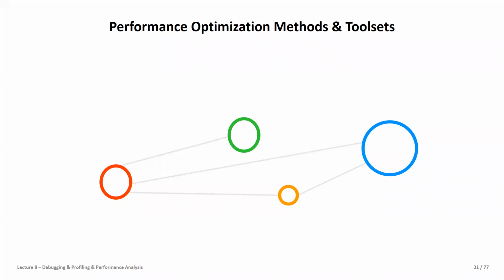This is now the key ingredient to performance analysis tools, where we can perform optimization methods on the code, identify patterns of wrong communication behavior, for example, and see how we can correct this.